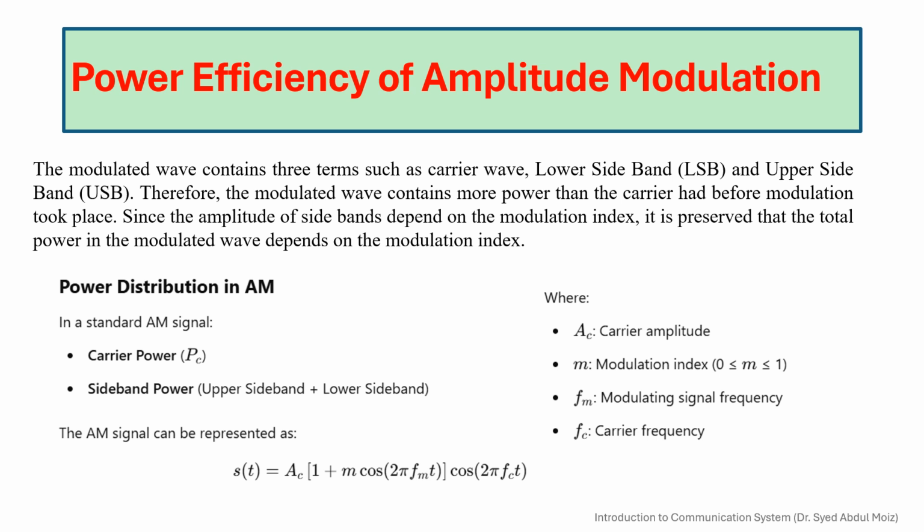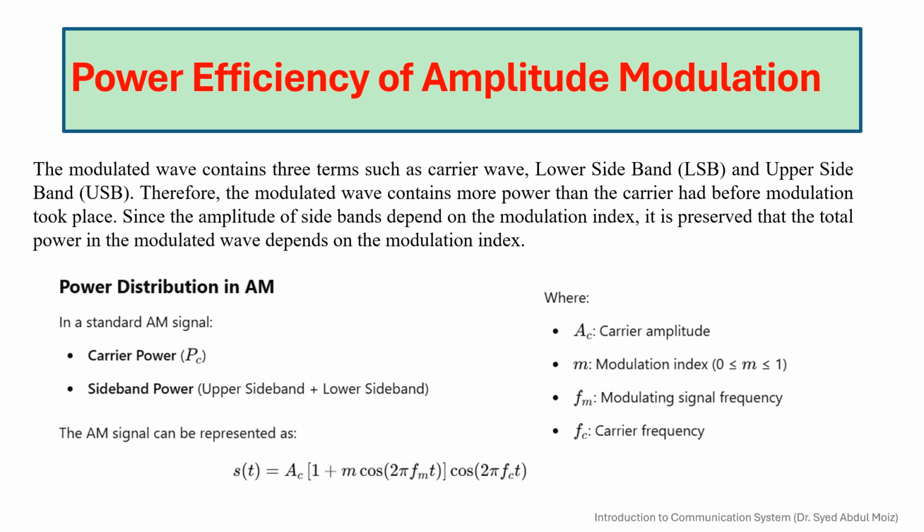The amplitude of the sideband is proportional to the modulation index, which quantifies the extent to which the carrier wave is modulated by the message. Therefore, the modulation index directly influences the total power of the modulated wave. Higher modulation indices result in stronger sidebands and greater total power, while lower modulation indices result in weaker sidebands and less additional power.